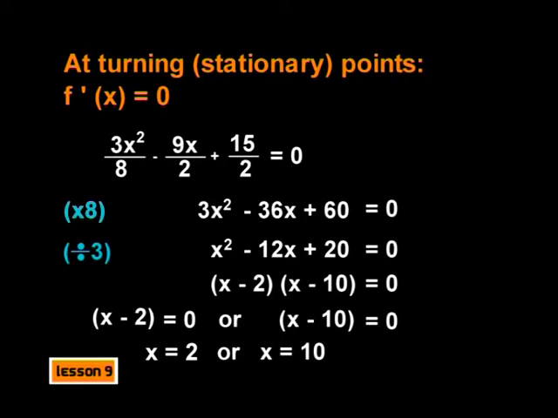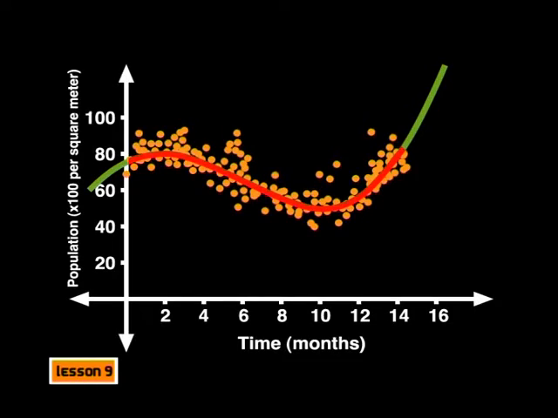Nice to see that you're doing all of that with such confidence. Well done. Now what? Well, I've answered the question because I know the population is at its greatest after 2 months and at its least after 10 months. Really? How do you know that with such certainty? Just think back to the professor's graph.